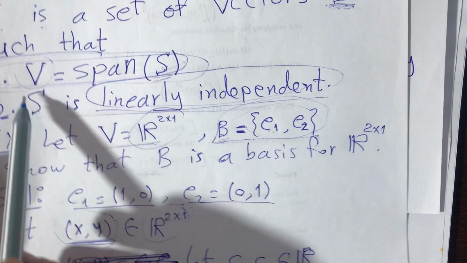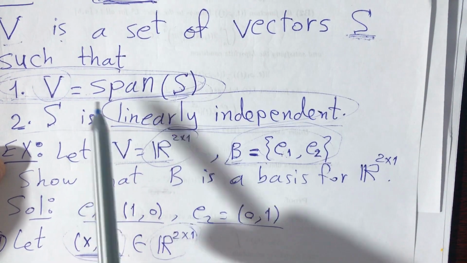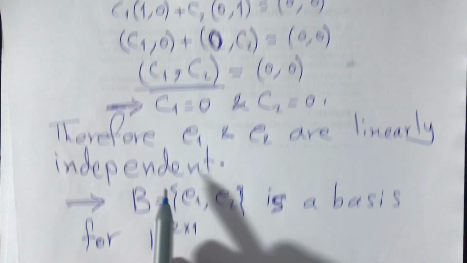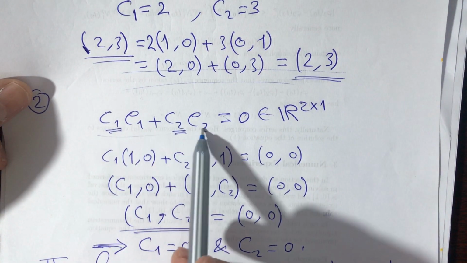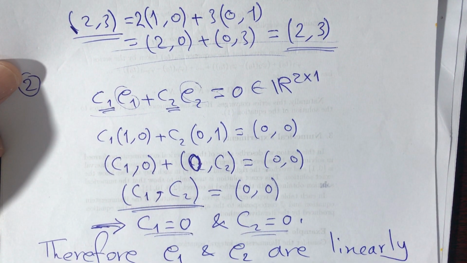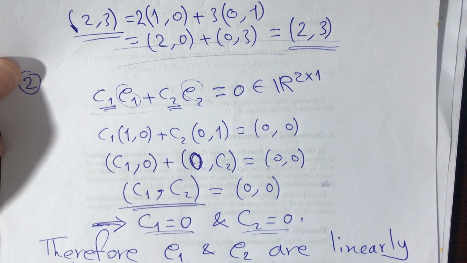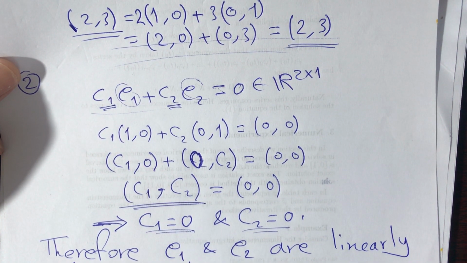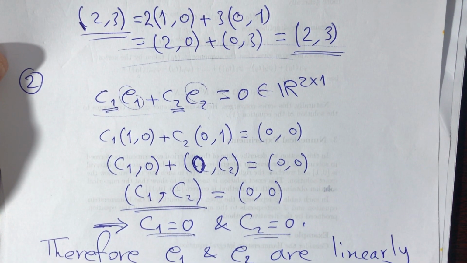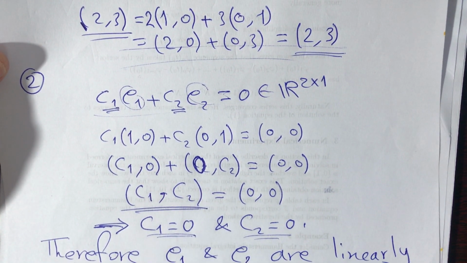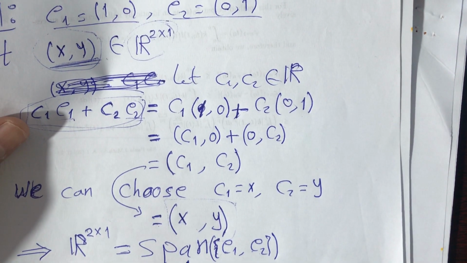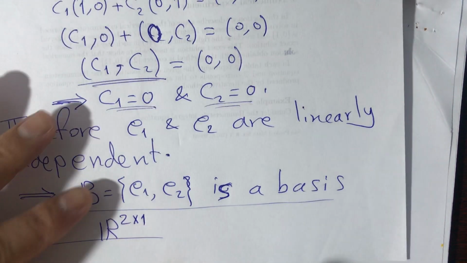This is the first condition of basis, and the second condition is linear independence, and we proved that for these two vectors E1, E2 we get C1 equal 0 and C2 equal 0. So E1, E2 are linearly independent, and with the two conditions, B is a basis for R2 times 1.